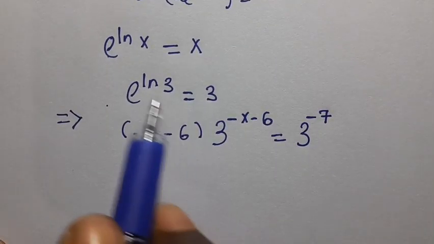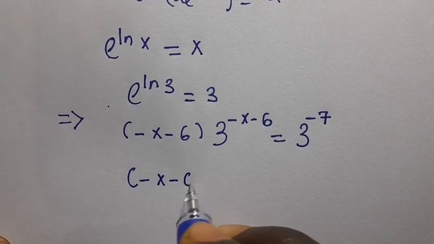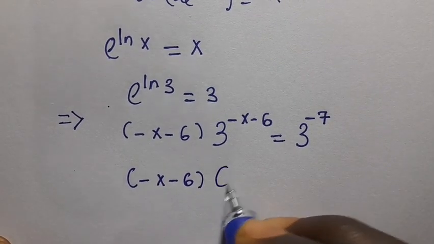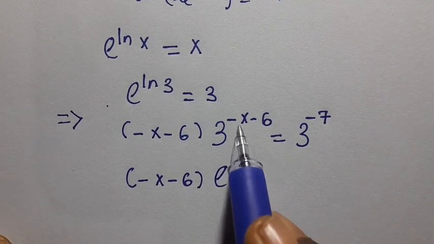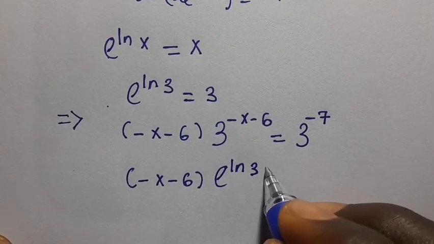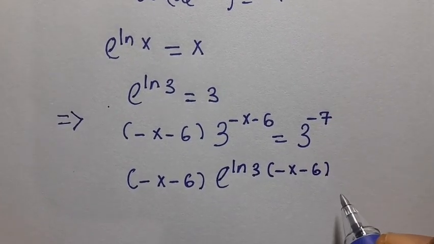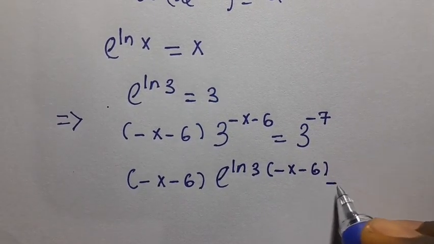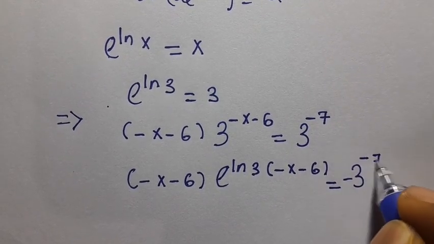By substituting this 3 here, we're going to have minus x minus 6 exponential ln 3. It will now be minus x minus 6 equals minus 3 raised to power minus 7.